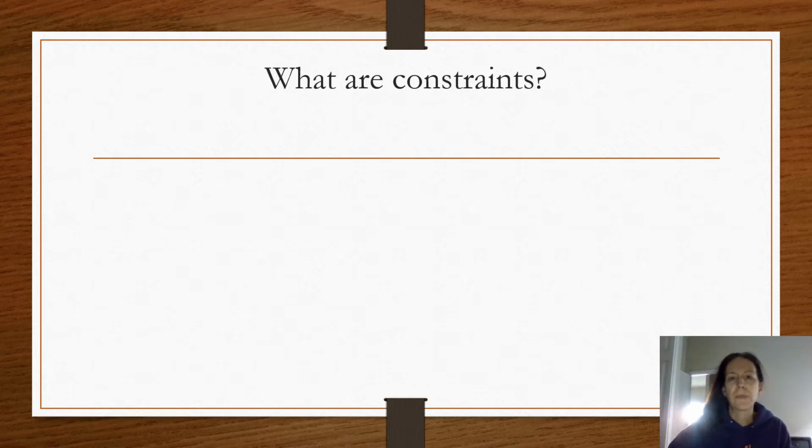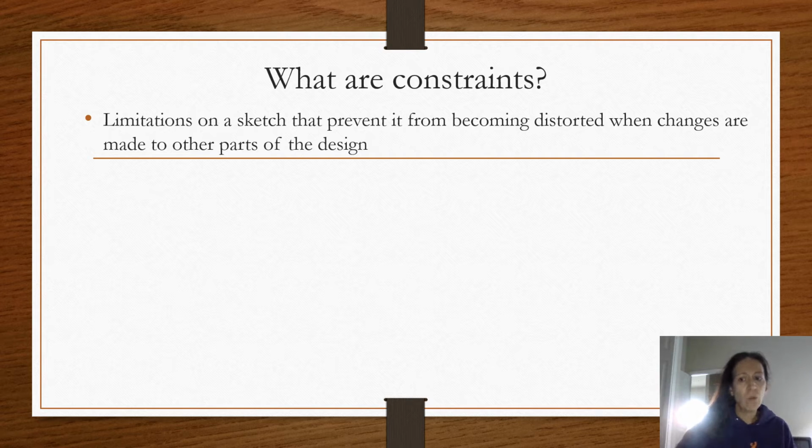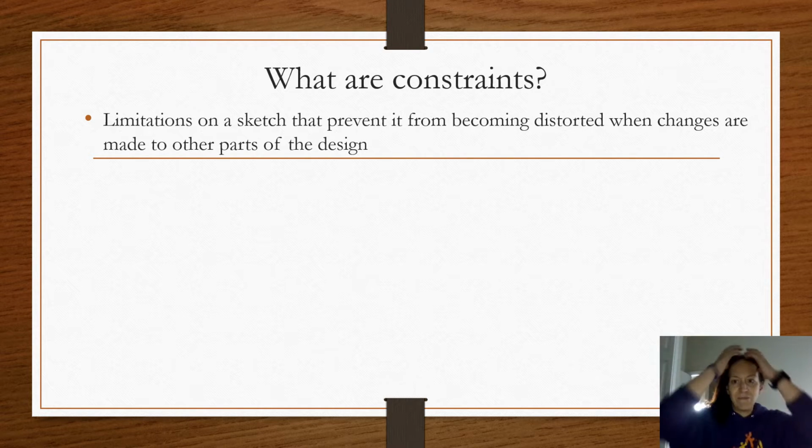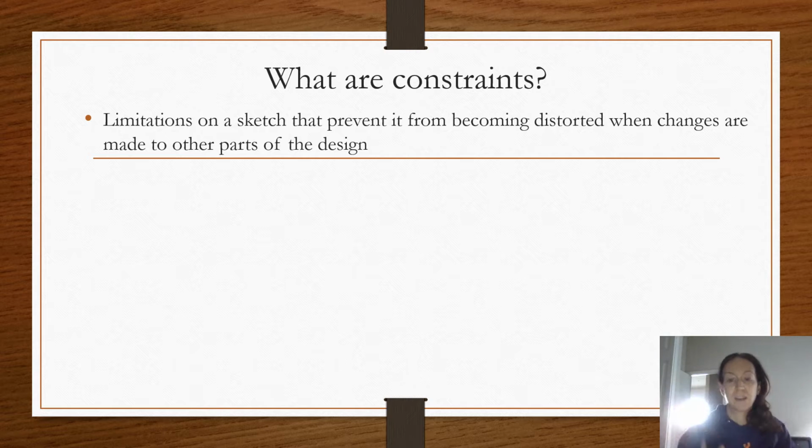So when we're talking about constraints in Fusion, what we're talking about are limitations on a sketch that prevent it from becoming distorted when changes are made to other parts of the design. You're essentially saying this component of the sketch. I want to be careful about using those words because component actually means something different in Fusion when we start doing assemblies.